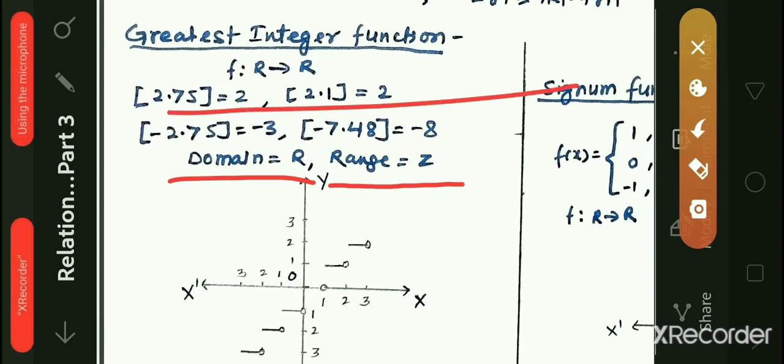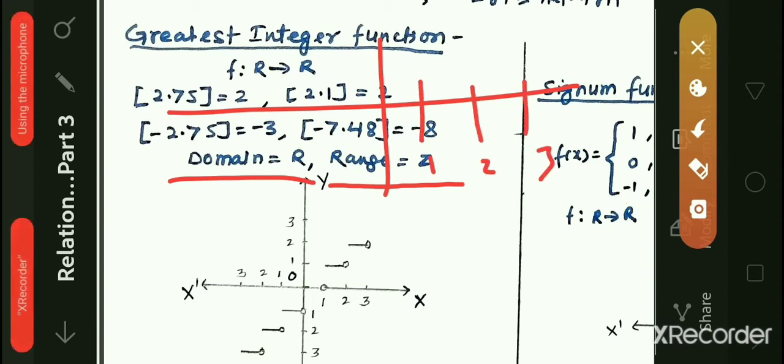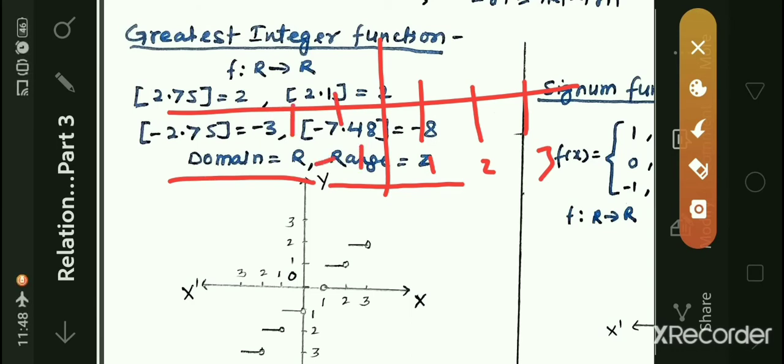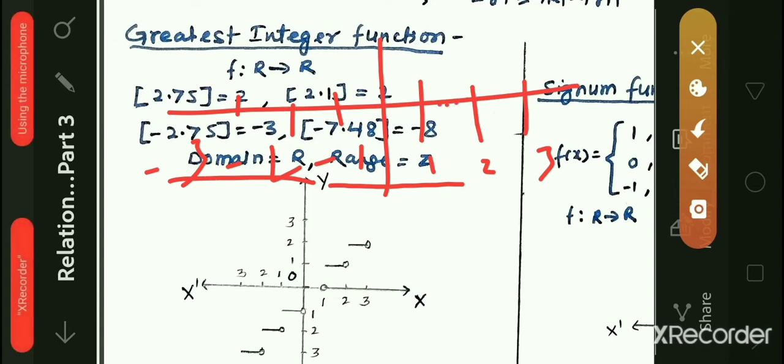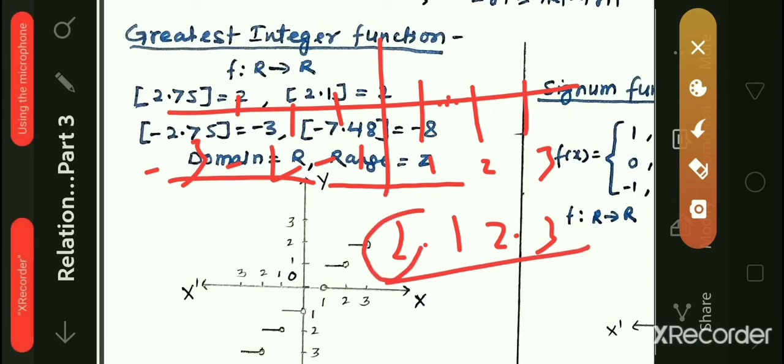Now in the number line you can understand that there are various points on the number line: 1, 2, 3 and -1, -2, -3. If there is a number 1 point something, then its extreme left neighboring integer will be 1, and if there is something like 2.1, 2.2, then its extreme left integer will be 2.